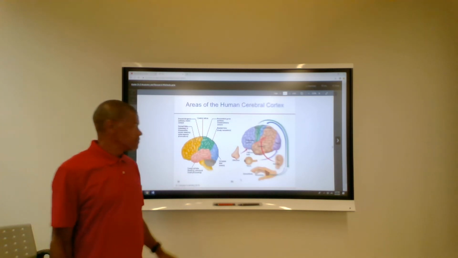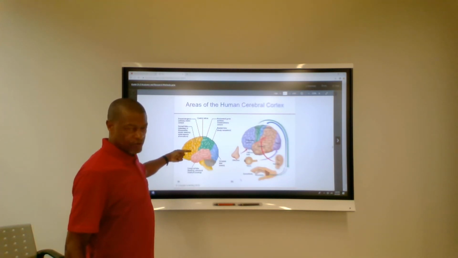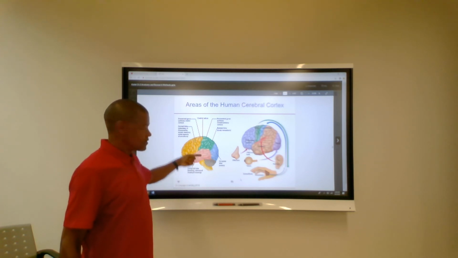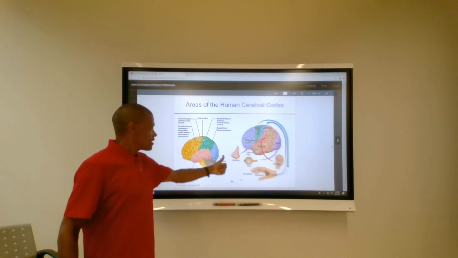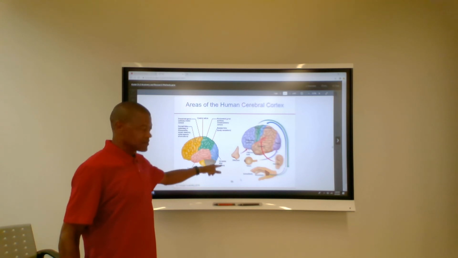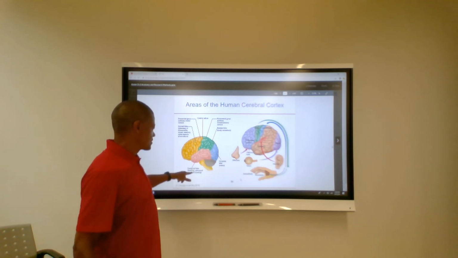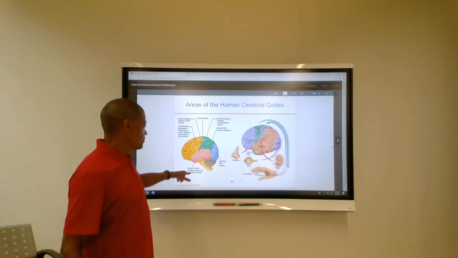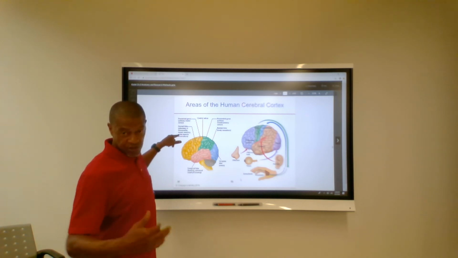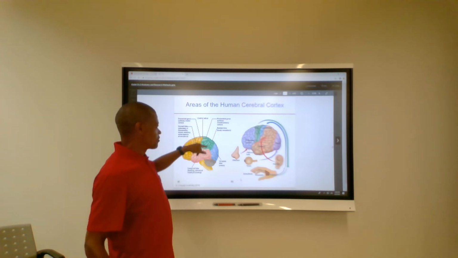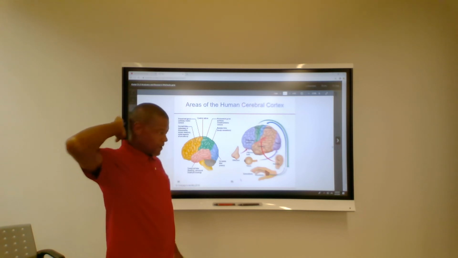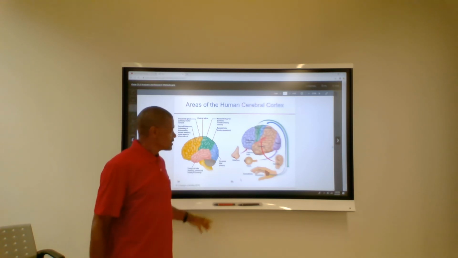So in short, frontal lobe, temporal lobe, parietal lobe, occipital, and you see what they do. Here vision, here hearing and also visual processing. Frontal lobe, intellectual reasoning, planning; parietal lobe, sensory system; and back of the head, vision.